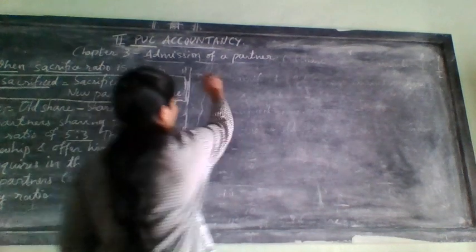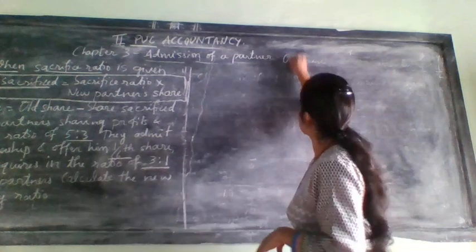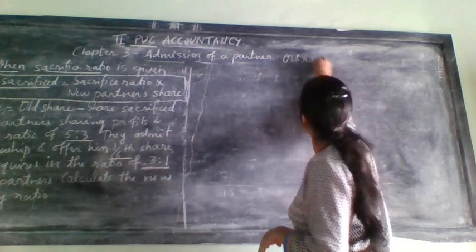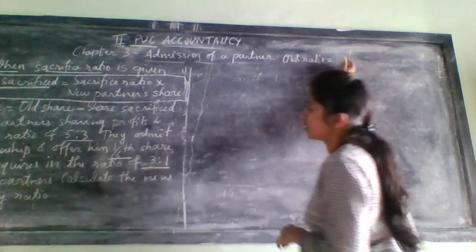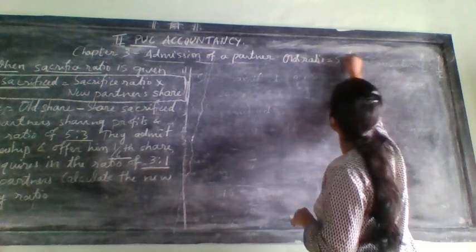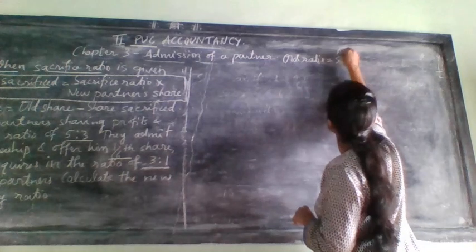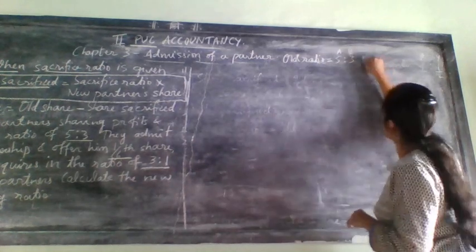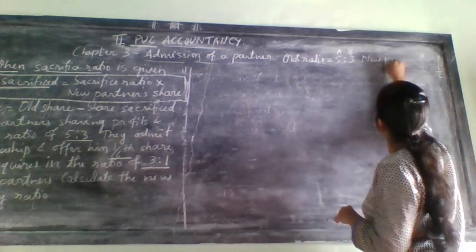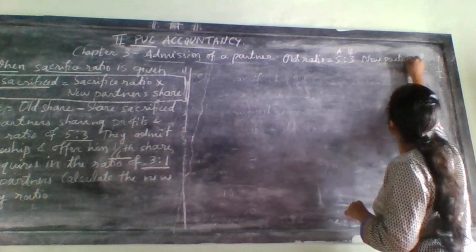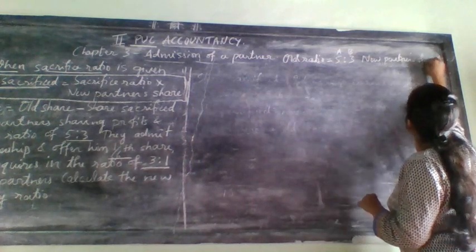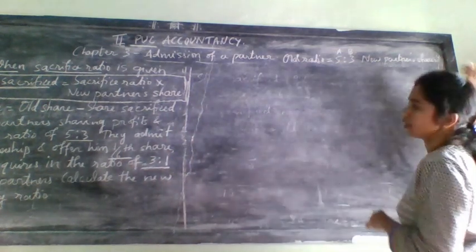Let us write down what is given in the problem. First, the old ratio is 5:3, this is for A and this is for B. Next, the new partner's share is 1/6.